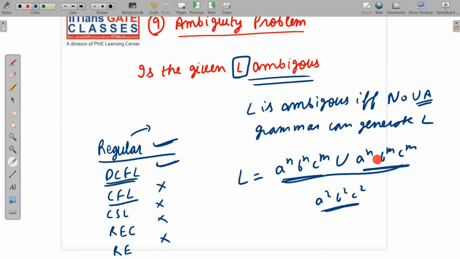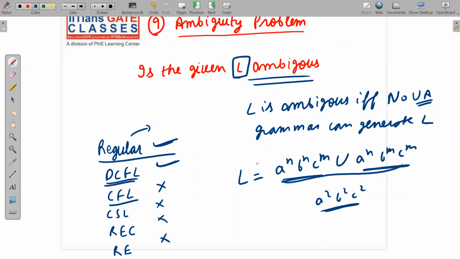Why are we not able to write an unambiguous grammar generating it? I have given you a small hint. The first language says a and b should be equal. The second says b and c should be equal. So if a, b and c are all equal, then obviously we will have two paths.